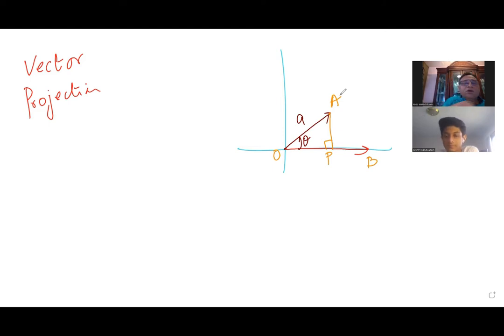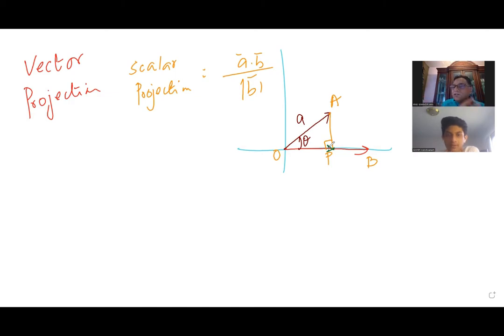Now, we have already figured out what the scalar projection is. Let's write the scalar projection first: the dot product of A and B divided by magnitude of B. Easy. When I say vector projection, I'm saying that I also want the direction of the projection.